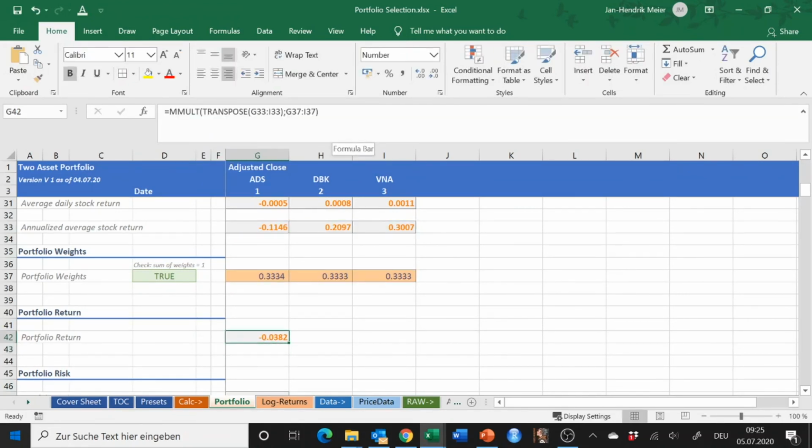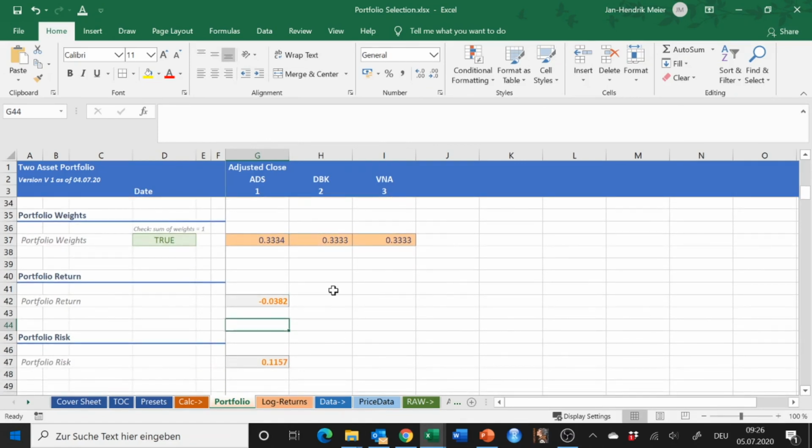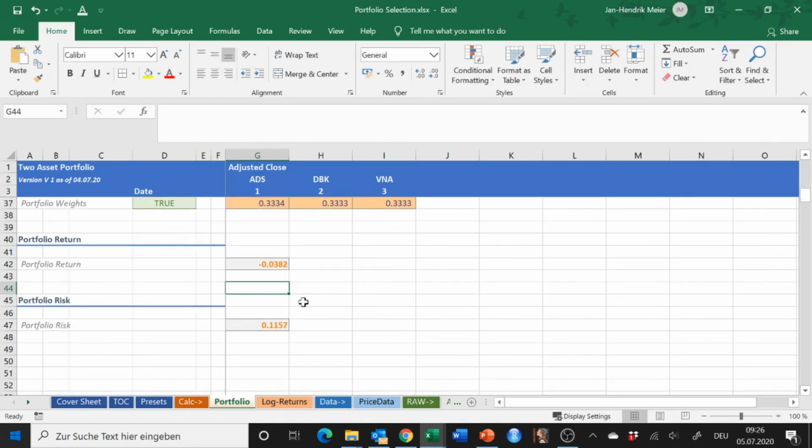Please keep in mind that this is a matrix formula, so if you enter this formula, you don't just need to press Enter, but you need to press Control, Shift and Enter. So that's the trick for matrix formulas.